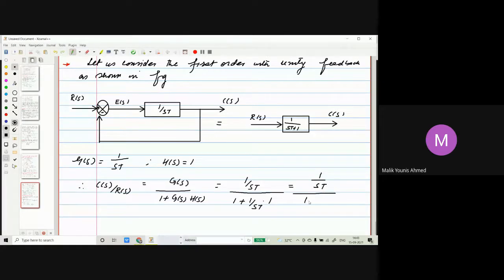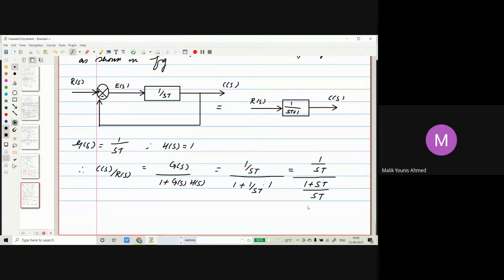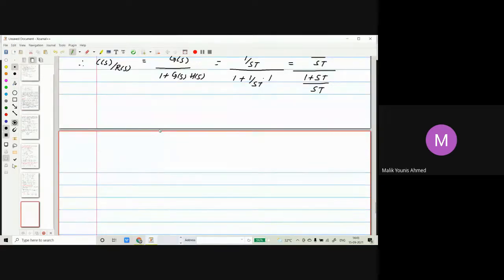So 1 plus ST divided by ST, so ST gets cancelled. So C(S) by R(S) is equal to 1 by ST plus 1. Now let us call this equation number 1.